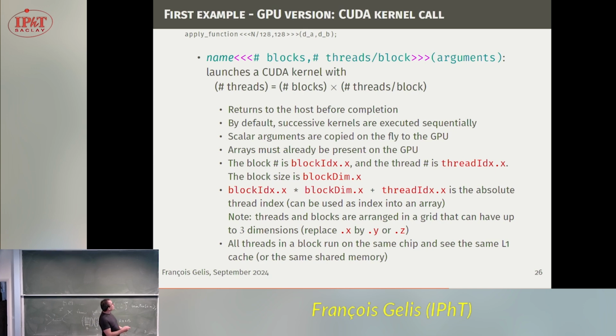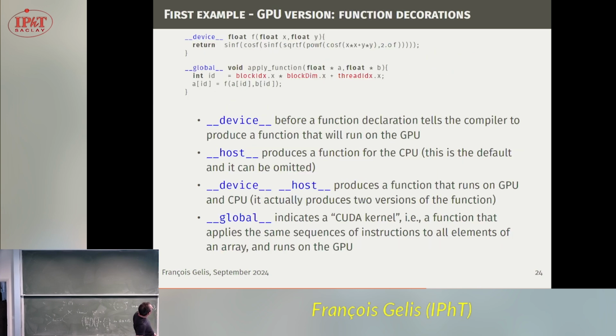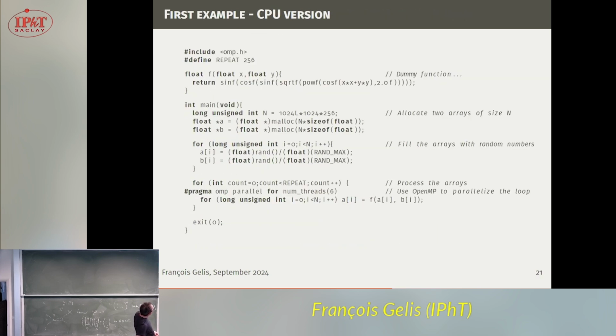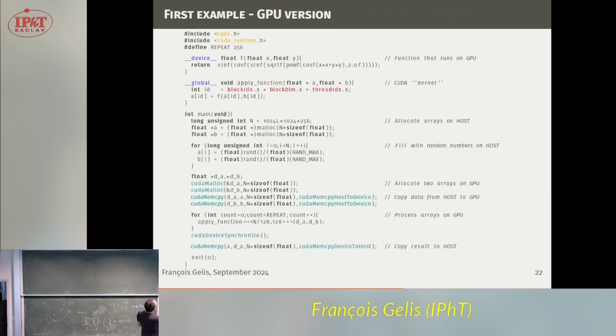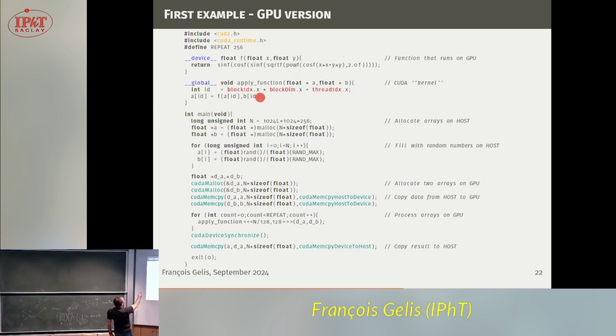And then the important part in the definition of this kernel is the calculation of the index, which is done here, because you see this variable ID is an integer which is used directly as an index into the arrays.